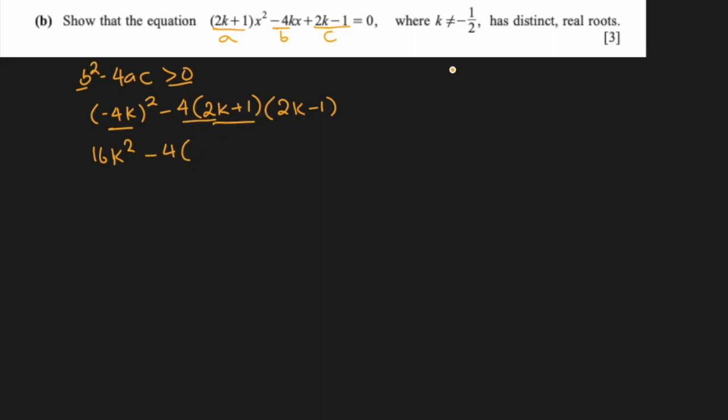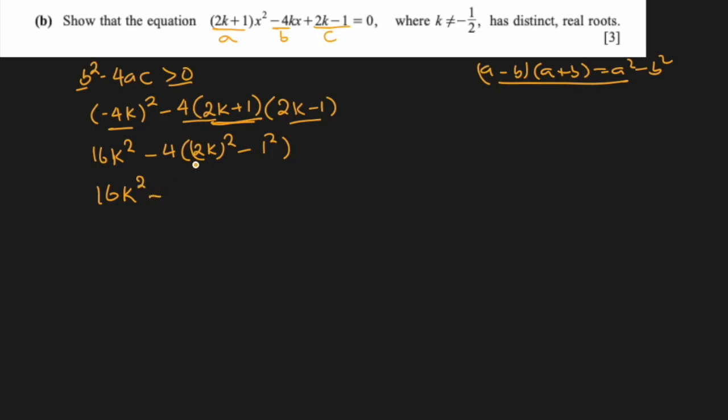And this is again the same identity we used in the first or second question rather. (a plus b)(a minus b) equals a square minus b square. This is the identity we used earlier. Same we'll use here. (a plus b)(a minus b), so it will be 4k square minus 1. So 16k square minus 4 times 4k square minus 1.